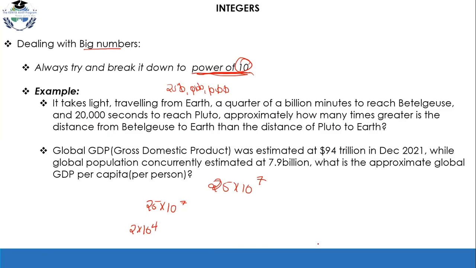So what they're basically asking you to do is find the distance. This one is 25 times 10 power 7 minutes. We need it to be equal.